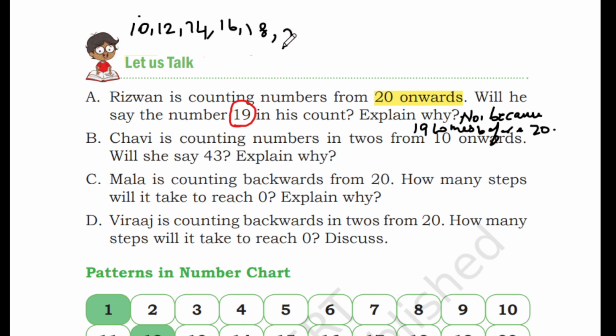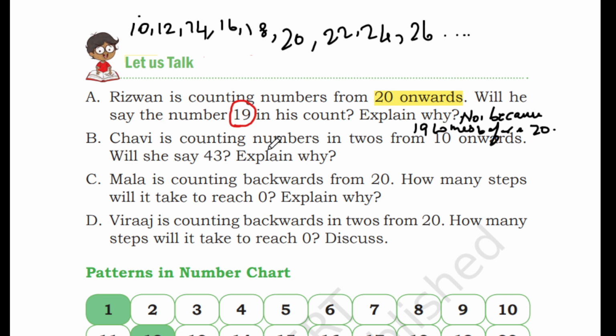Then we have 20. Next one is 22, 24, 26, so on. So Chavi is counting the numbers in twos from 10 onwards.